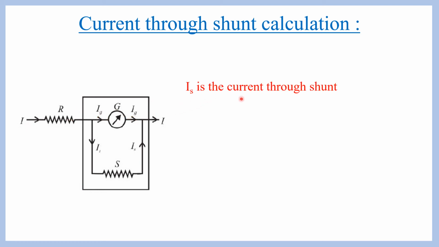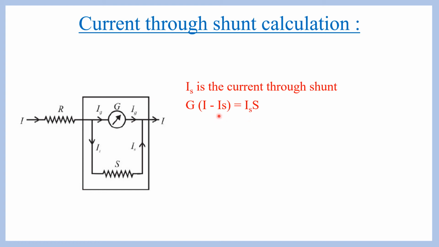So Is is the current through the shunt, and you will get this expression Ig into G is equal to Is into S. That is the basic thing: the potential fall across G must be equal to the potential fall across S. So substituting in the place of Ig as I minus Is, here we are trying to find out the value of S.